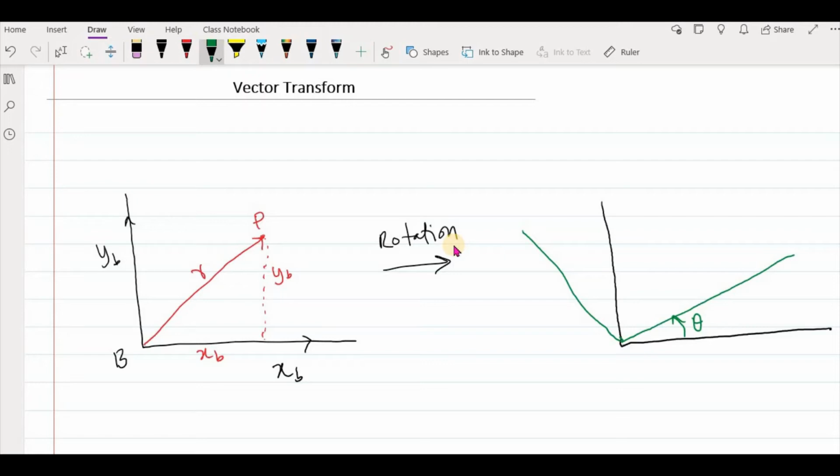So this black color is frame B, which is the original frame, and this green color, let's call it frame A. And still we have our vector.